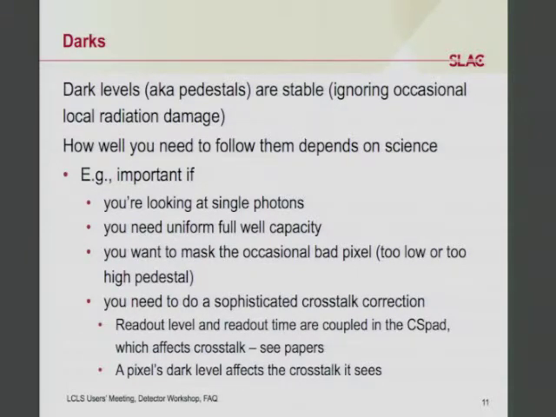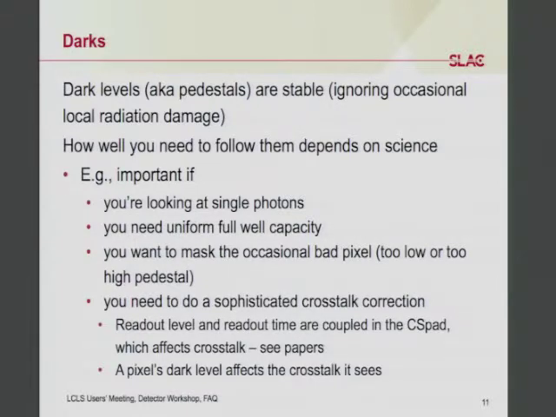If you want to do a sophisticated crosstalk correction, then it's useful to know the dark level. The explanation for why this is the case is kind of long and involved, but what it comes down to is that in the CSPAD, the pixels that have lower signal level fire first, and the ones that have a higher signal level fire later.